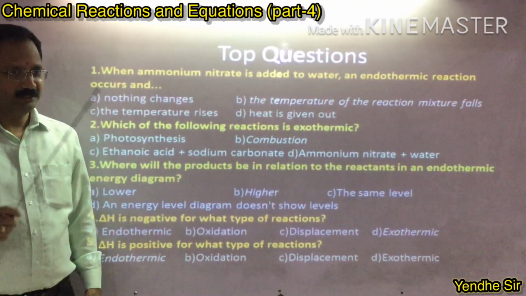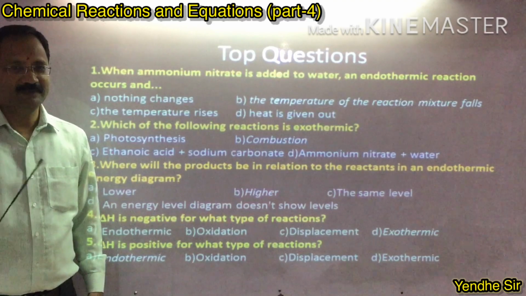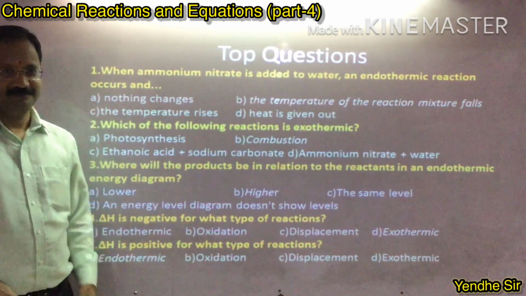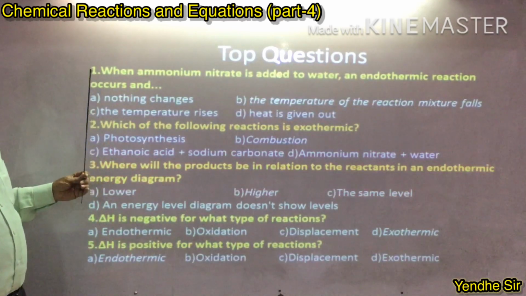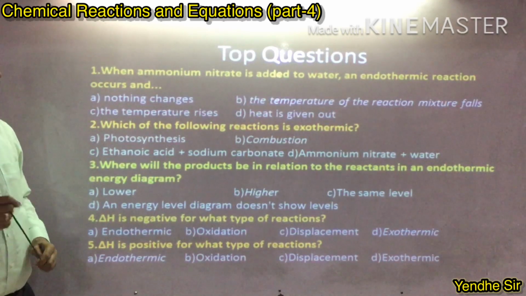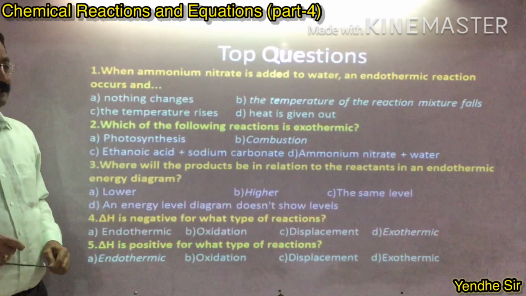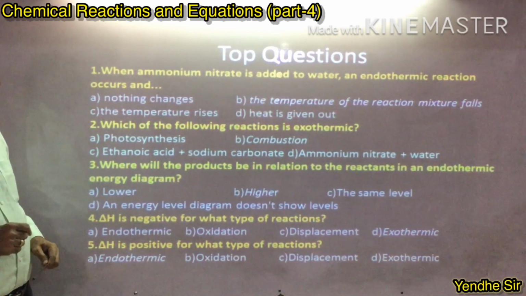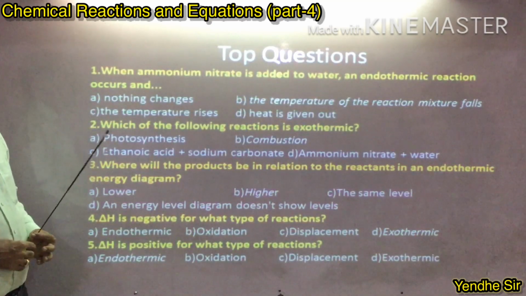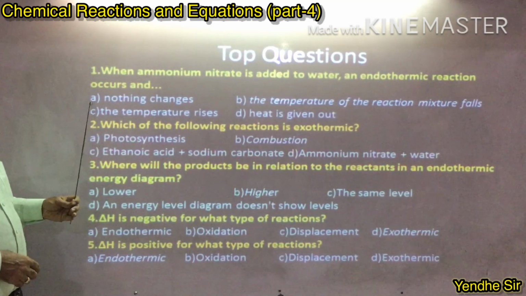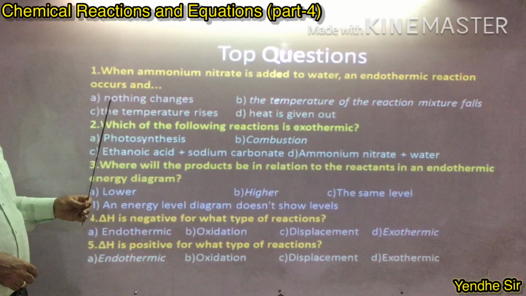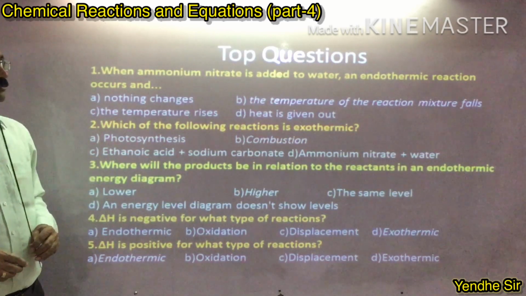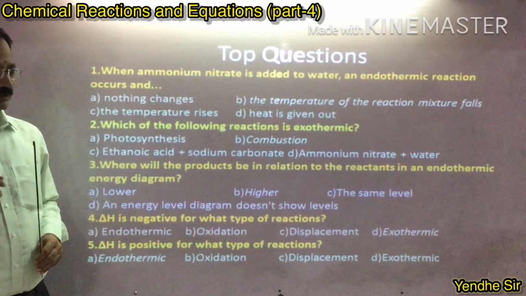Let's see the top questions which depend upon exothermic and endothermic reactions. Question number 1. When ammonium nitrate is added to the water, an endothermic reaction occurs, and what will happen? Option A, nothing will be changed. Option B, the temperature of the reaction mixture falls.